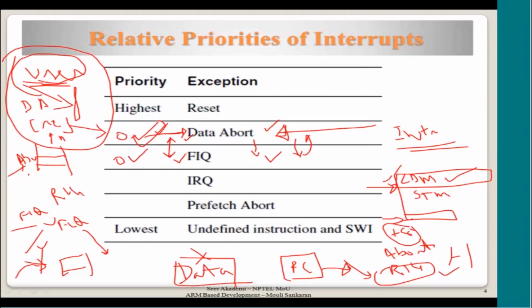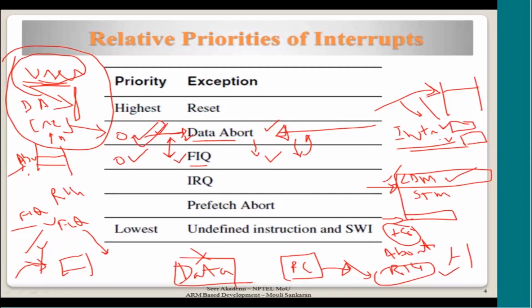Now processor, just because the data abort is above the FAQ and it is for valid reason, it recognizes the abort, it enters the abort handler but doesn't execute the handler fully. When I say it enters the handler, it has already taken care of saving the PC and the CPSR into the abort handler's R14 and the SPSR. Okay, please remember those things. 2 registers are being copied by the ARM processor automatically.